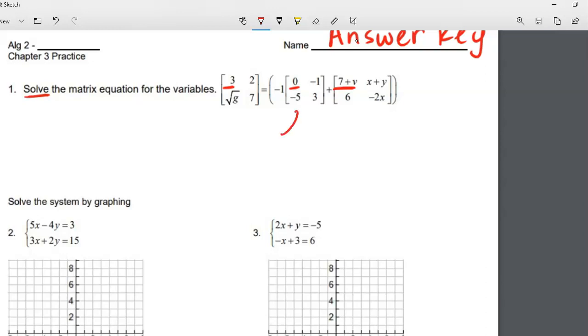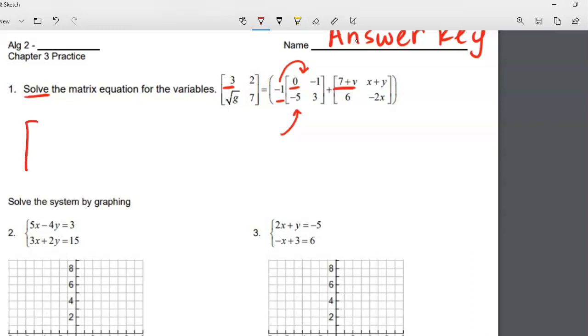However, I noticed that on this one, there's a -1 being multiplied like a scalar through this matrix. That does not mean that there's a -1 being multiplied also by this matrix over here. If that -1 had been in front of here, then that -1 would get distributed between both of these, like the distributive property. So I just wanted to throw that in. Again, that is not there.